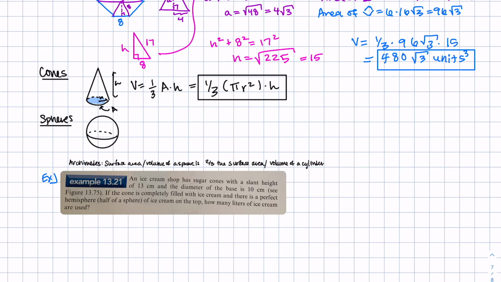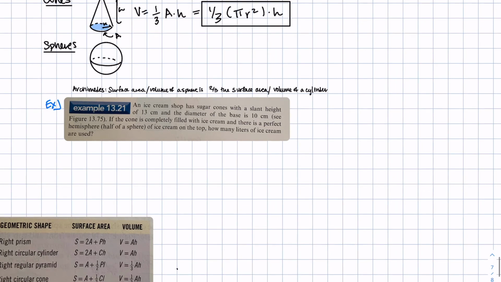Okay, last but not least, looking at the volume for a sphere, we can again use this relationship, I guess, that Archimedes found, that the volume of a sphere is 2/3 the volume of a cylinder.